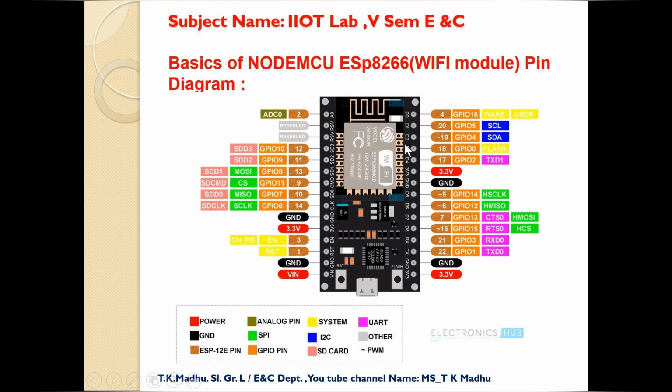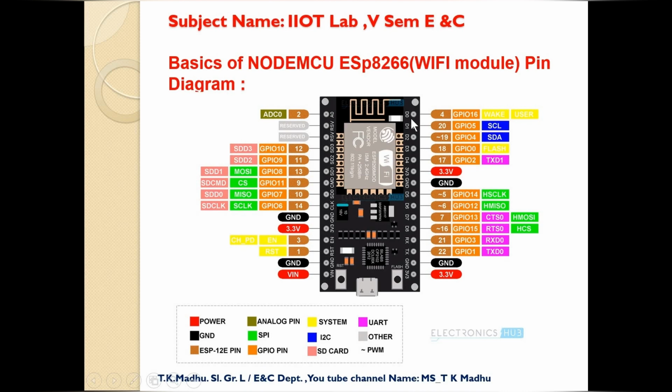And coming to the digital pins, here they have named them D0, D1, D2, all the pins which are denoted with the prefix D and the suffix with the number. So these represent digital pins.